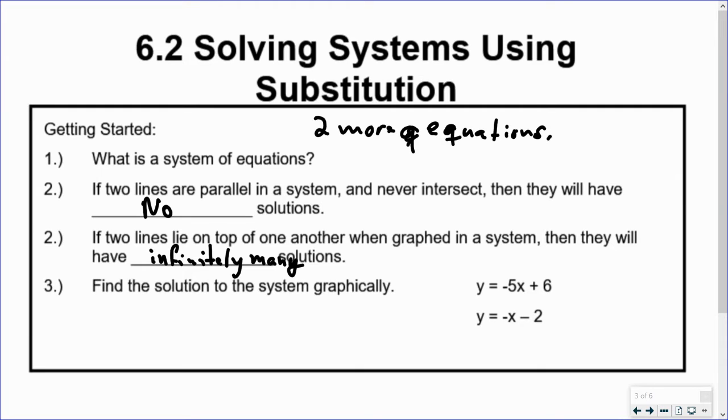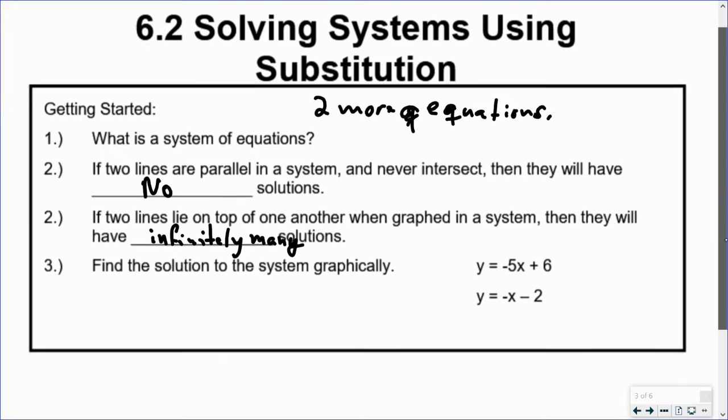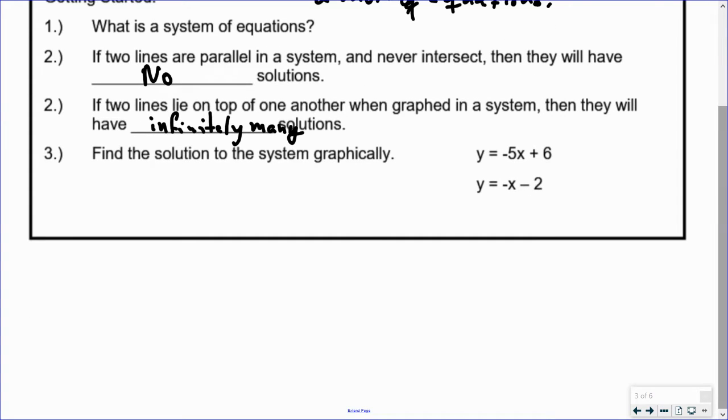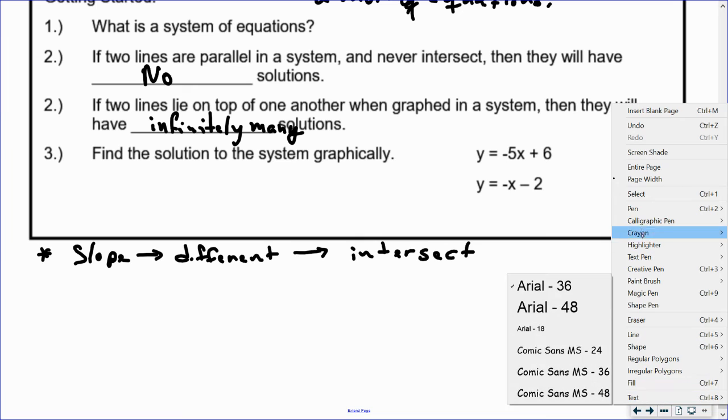Now, something that I'd like to work on again here is I'd like to make sure we understand how you can tell by looking at the equations what type of answer you'll get. So the first thing I do is I check the slope. If the slopes are different, then these two lines intersect. That's all I need to check.